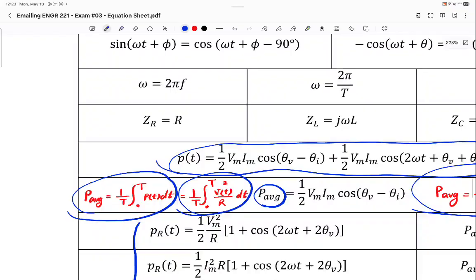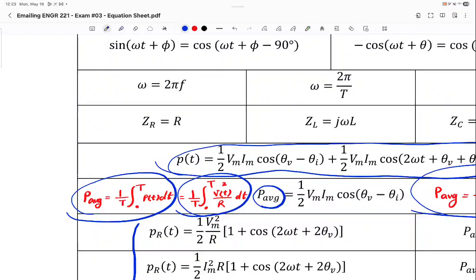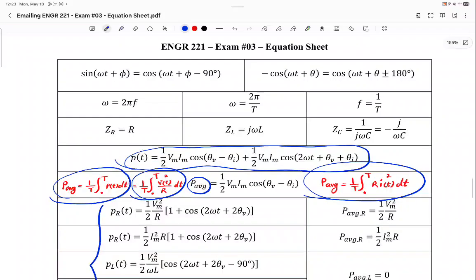The equation that I talked about, the average power, I wrote them here so you remember these are important, okay?